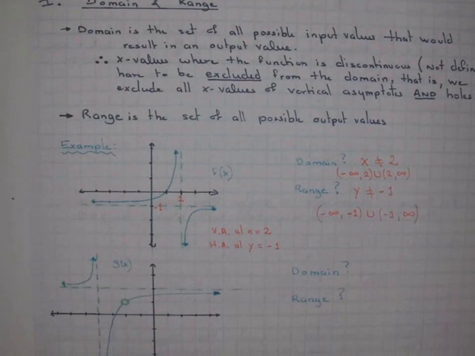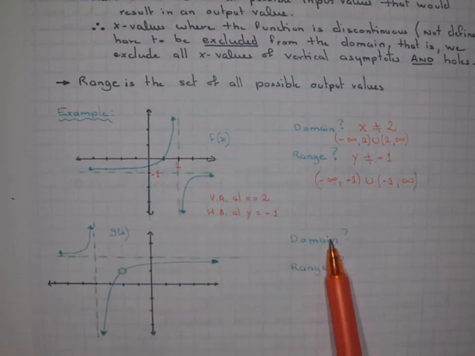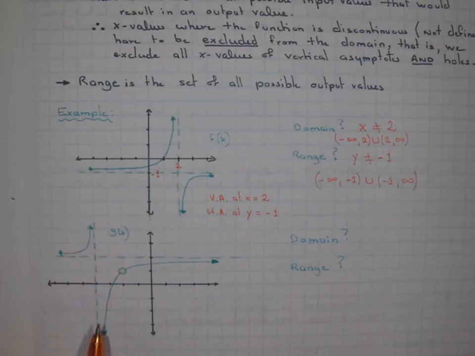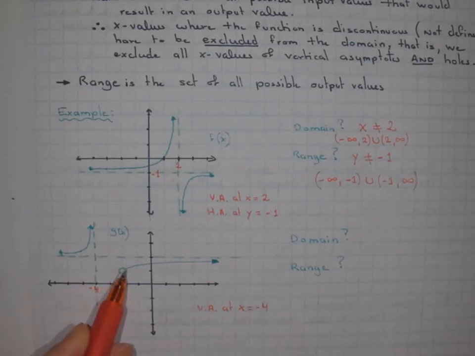All right. The second graph, let's look at it. So again, domain, we exclude all the vertical asymptotes and holes. So there is obviously a vertical asymptote here at 1, 2, 3, 4. That's -4. So we have a VA at x equals -4. And then here, notice we also have a hole in this graph, right? And this hole will be at -2.